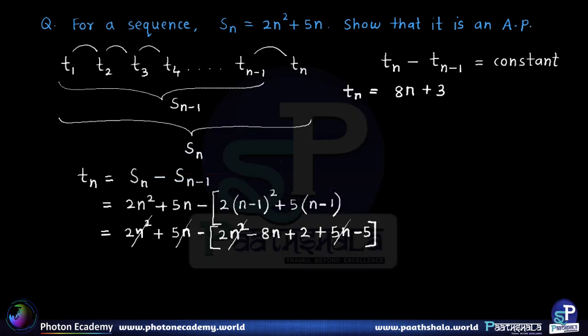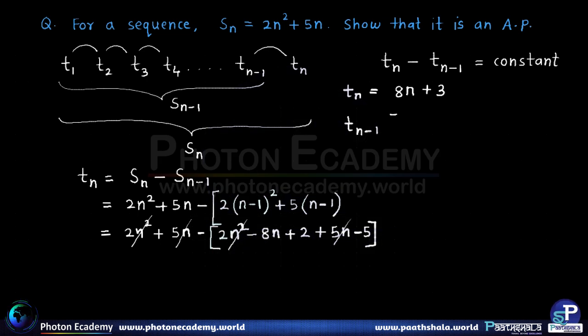Now the only remaining step is to calculate the term which comes just before the nth term, so that is we want to find out now Tn minus 1. Now since we have got the formula for any term in general, we can easily calculate Tn minus 1 as wherever there is n, we will replace it with n minus 1.